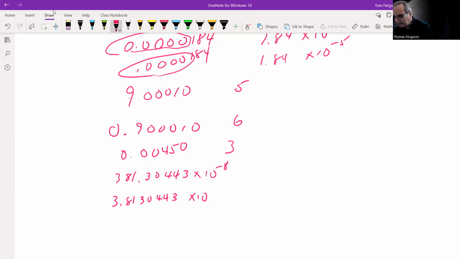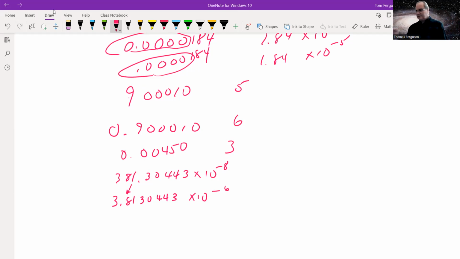So proper scientific notation would be, what would it be? Okay, we're going to divide that by 100. So we have to multiply this by 100, because 100 is 10 to the squared, positive squared. So -8 plus 2 is -6.